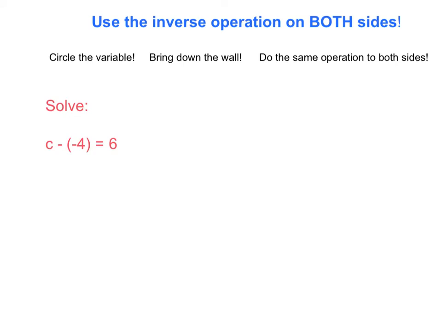My last example is C minus negative 4 equals 6. And I know from the rules from the beginning of the year on integers, I have to keep, change. So now I am adding a positive 4.